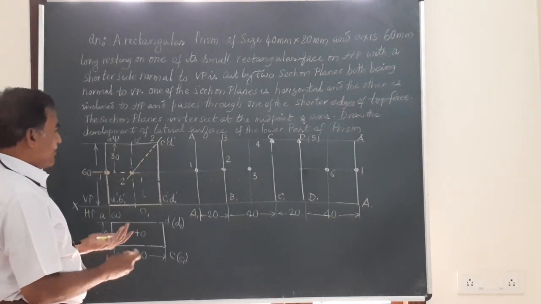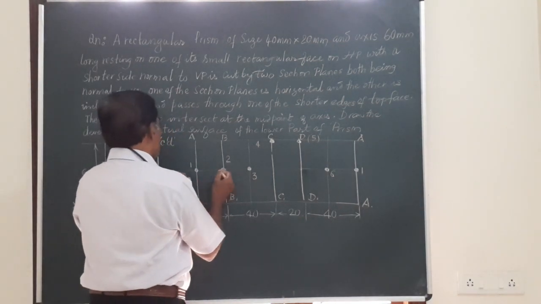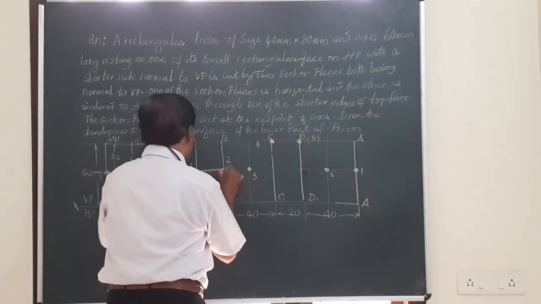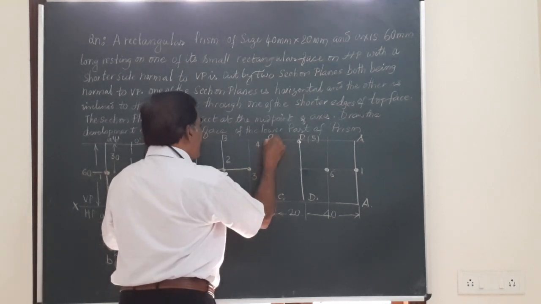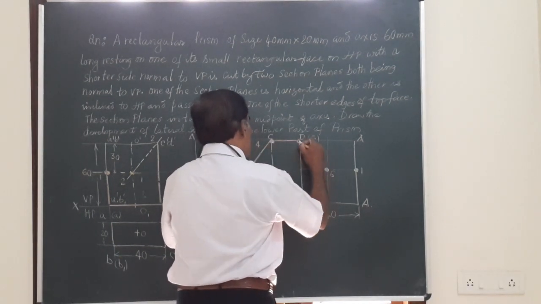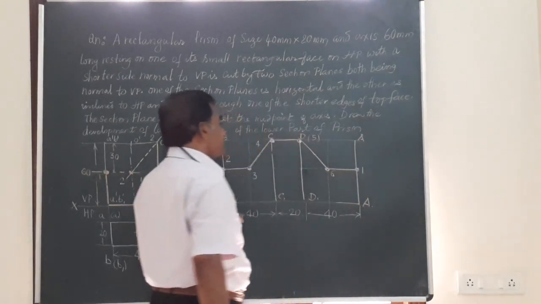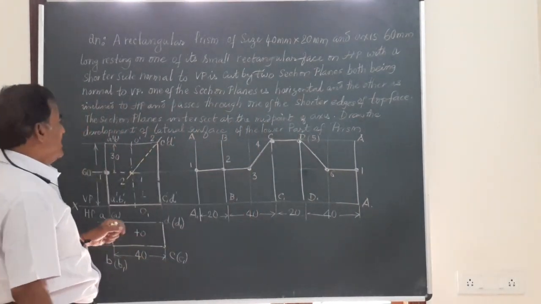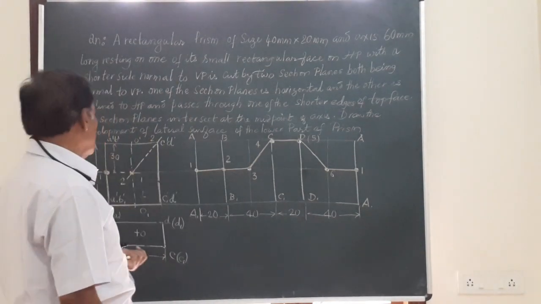So now I am going to join all these points by straight line. So 1 to 2, you will have a line like this. 2 to 3, 3 to 4, 4 to 5, 5 to 6, 6 to 1. I'll join all the points where these two section planes are cutting the prism.